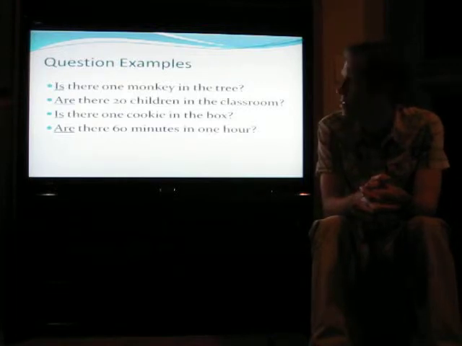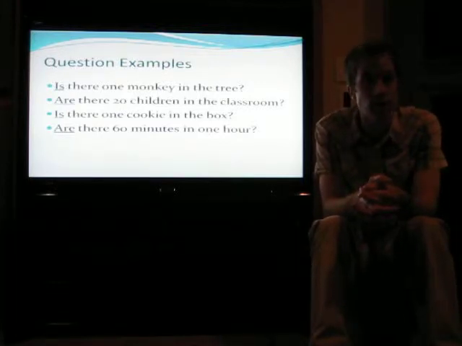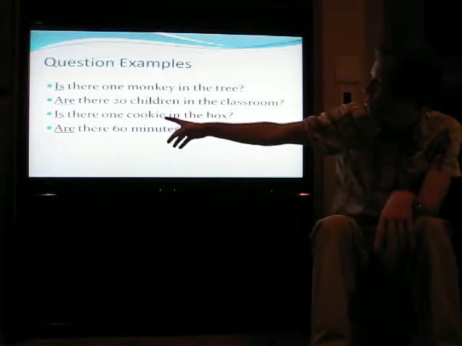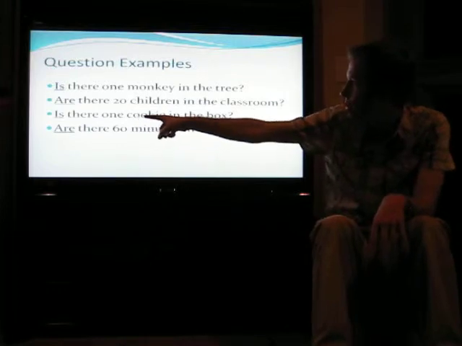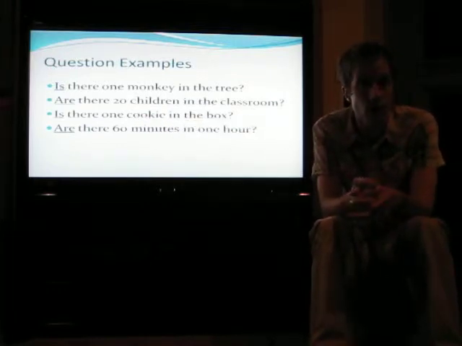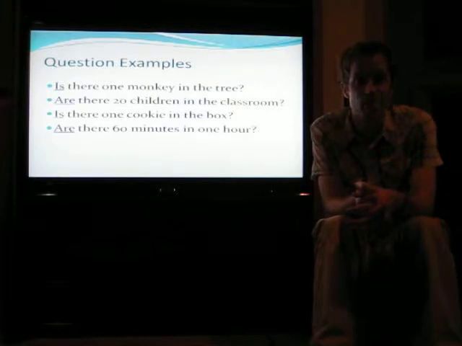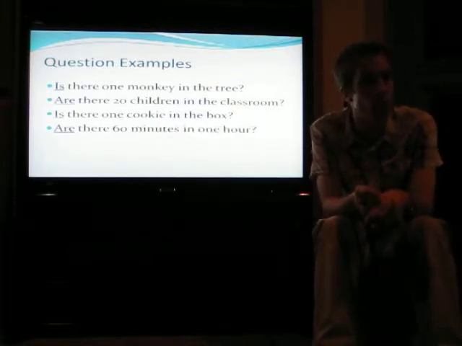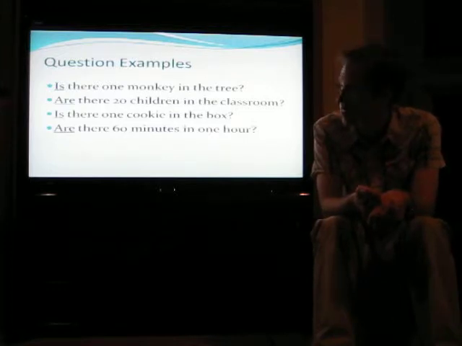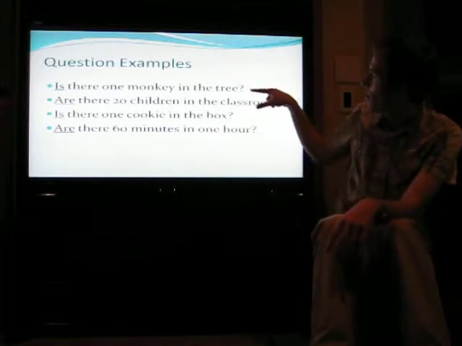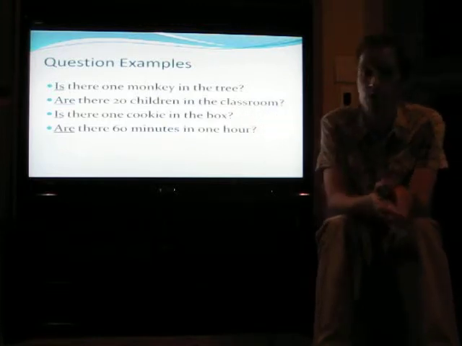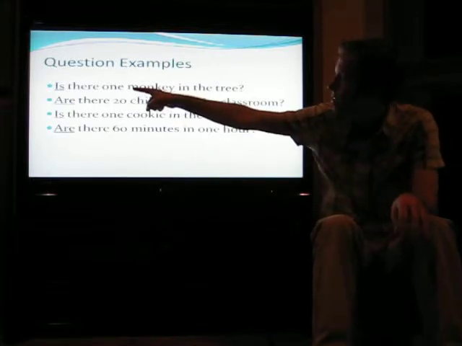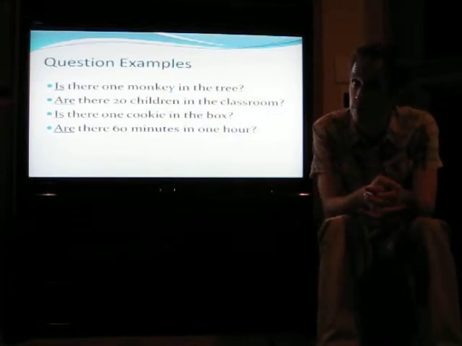Example 2 becomes, are there 20 children in the classroom? Example 3 becomes, is there one cookie in the box? And example 4 becomes, are there 60 minutes in 1 hour? So again, if we want to ask a question, we just change there is and there are to is there and are there.